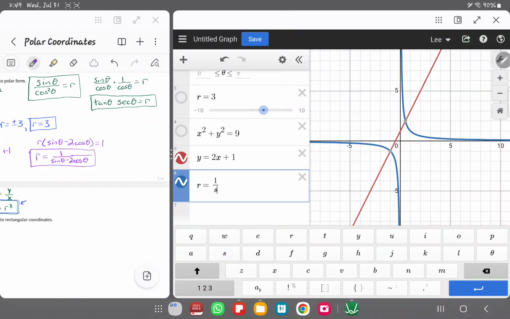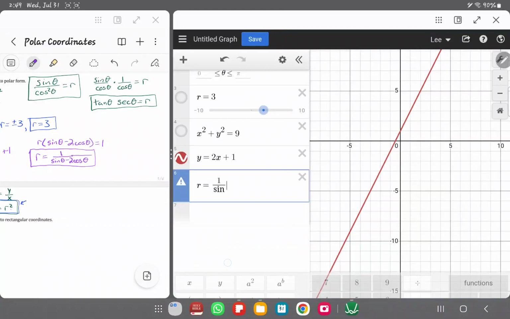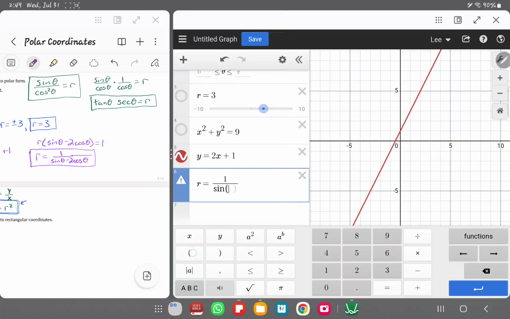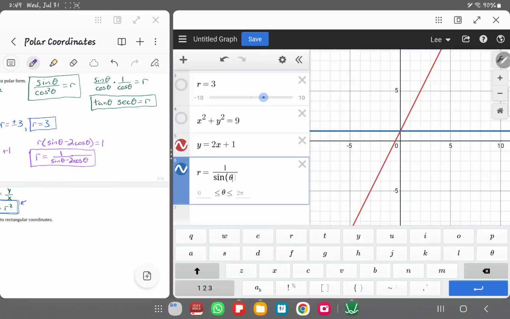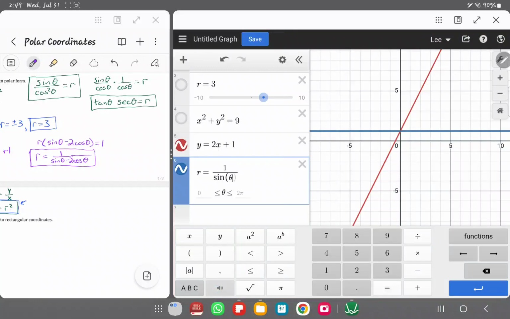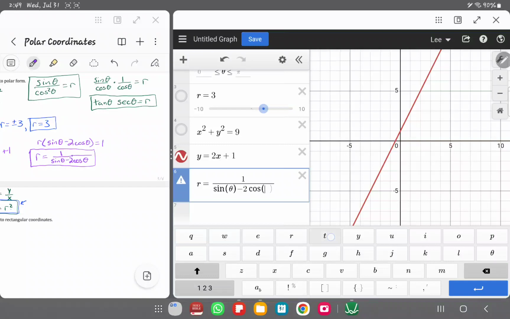So I'm going to put that in. So we got sine theta, and then we'll put in minus 2 cosine theta. I'll just use the functions this time, cosine, and then theta.